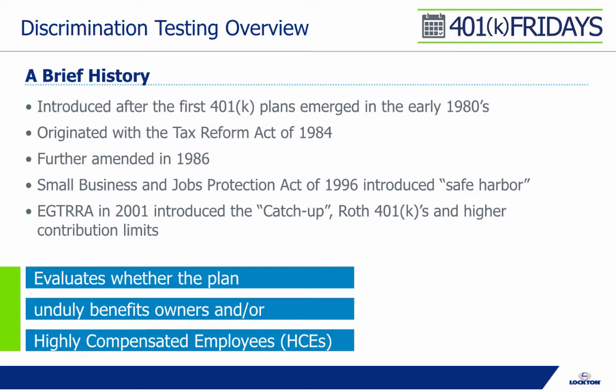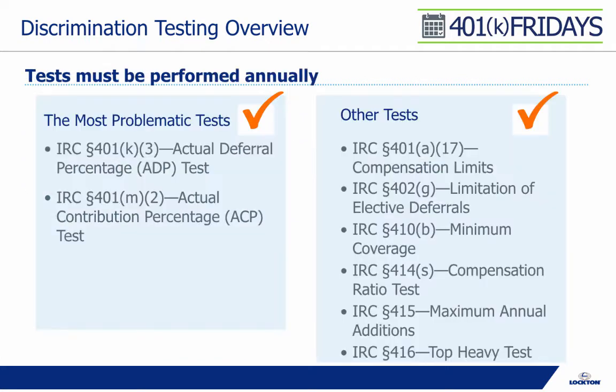Then some minor changes came in with EGTRRA in 2001, which introduced the concept of a catch-up contribution, Roth 401ks, and higher contribution limits. In the end, discrimination testing helps evaluate whether the plan unduly benefits owners and/or highly compensated employees in your organization. We'll talk more about highly compensated employees in just a second.